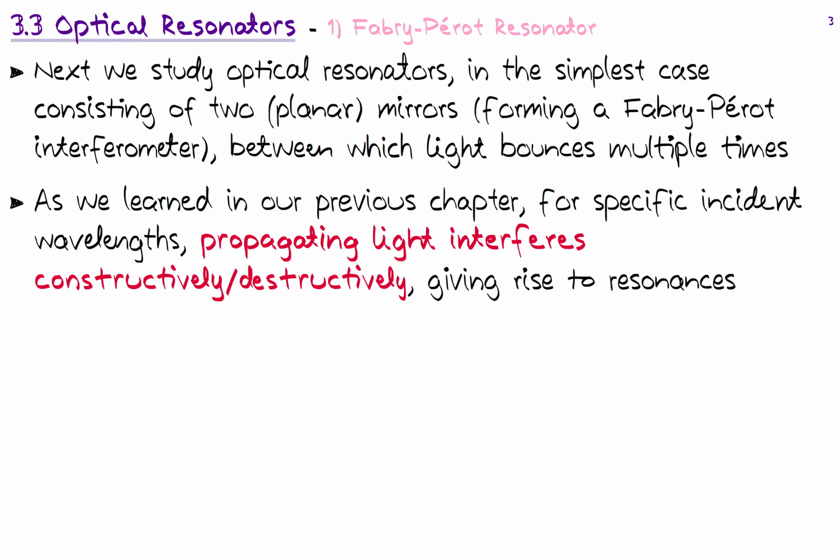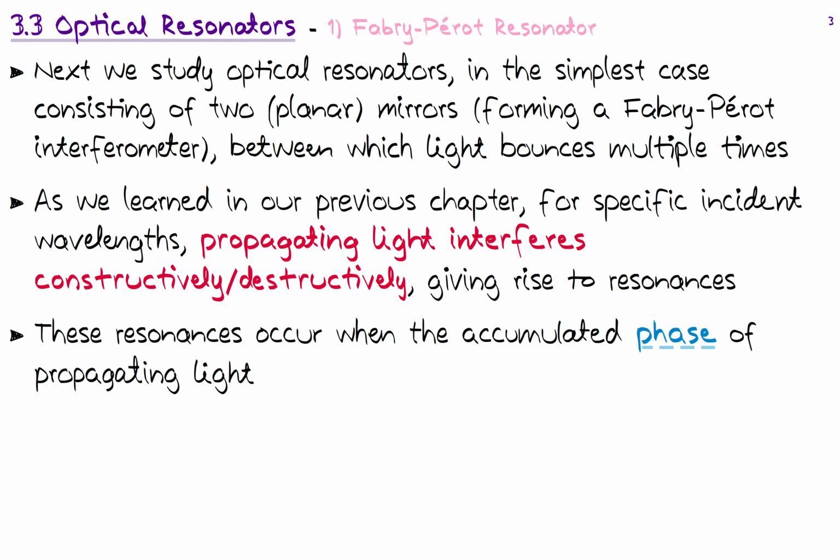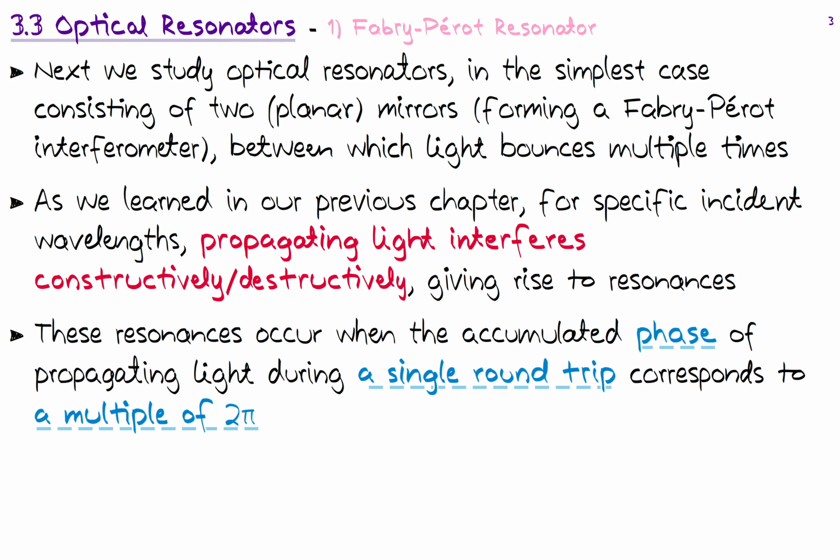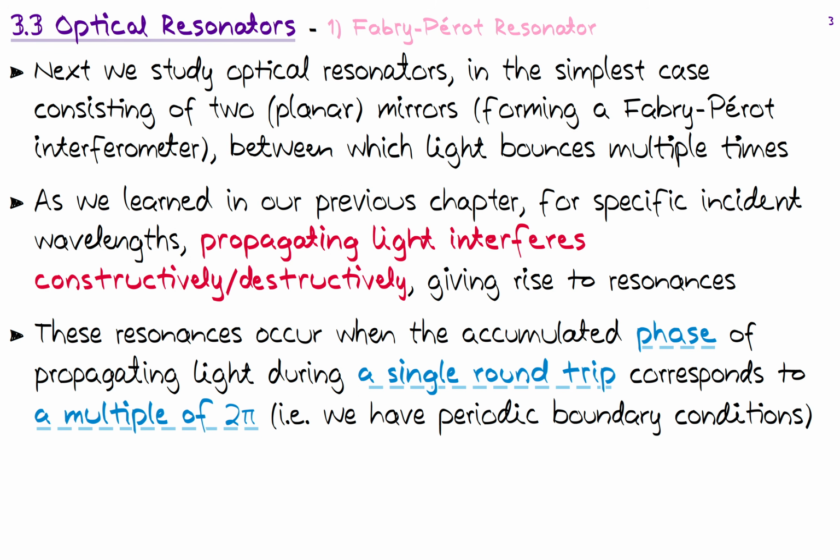So essentially, this simple Fabry-Perot resonator forms periodic lines of resonances, so it can be resonant at multiple wavelengths. These resonances occur physically when the accumulated phase of propagating light during a single round trip corresponds to a multiple of 2 pi. So essentially, we have periodic boundary conditions in our system dictated by the two mirrors.